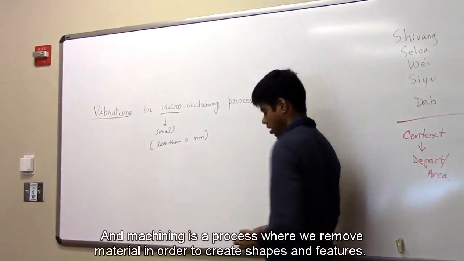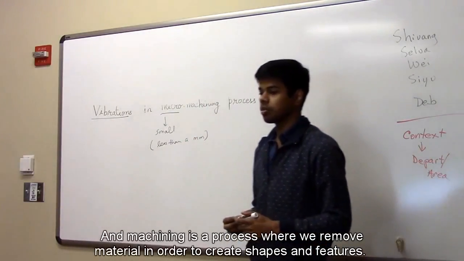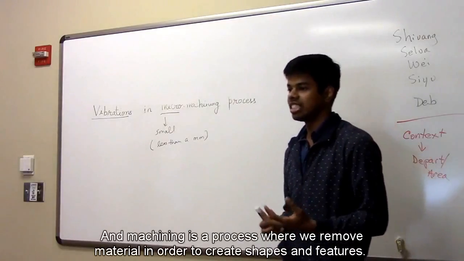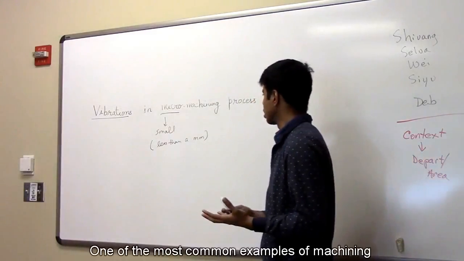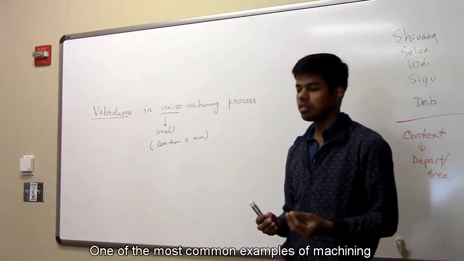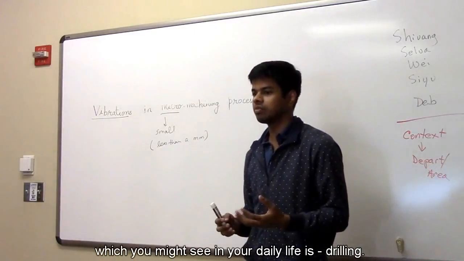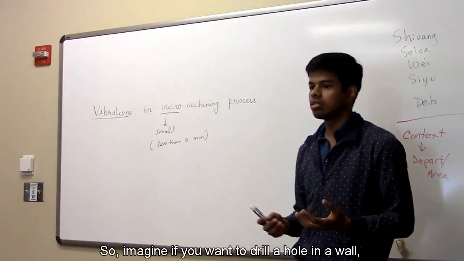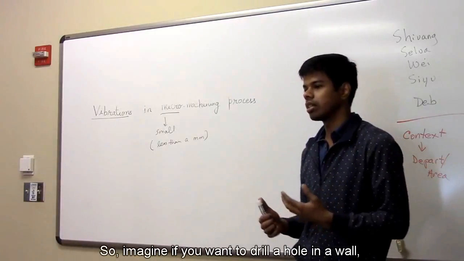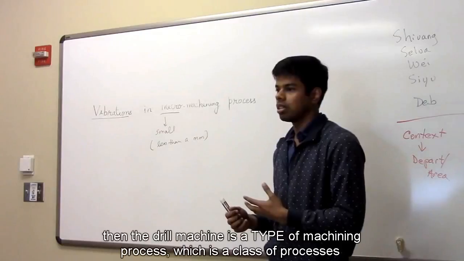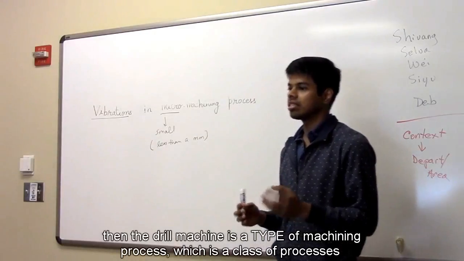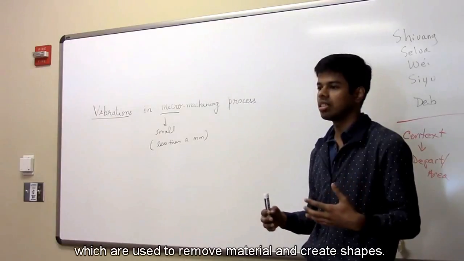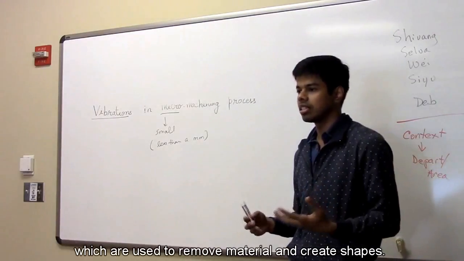And machining is a process where we remove material in order to create shapes and features. One of the most common examples of machining which you might see in your daily life is drilling. Imagine if you want to drill a hole in a wall, then the drill machine is a type of machining process, which is the class of processes used to remove material and create shapes.